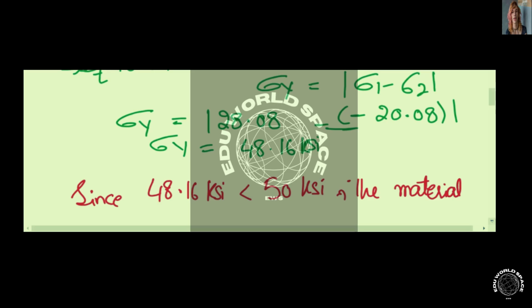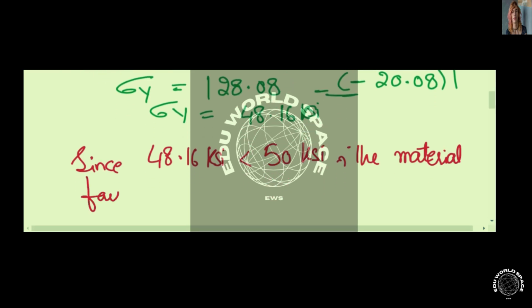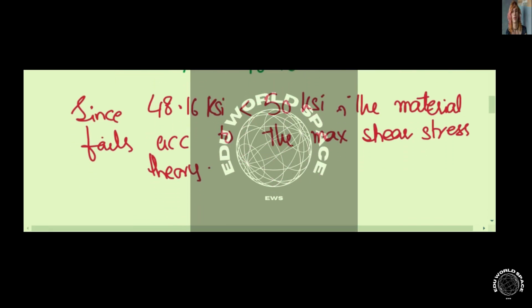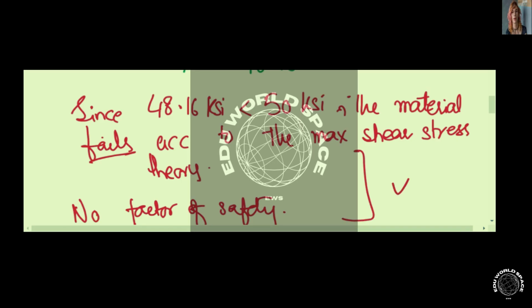The material fails according to the maximum shear stress theory, right? And this concludes our answer. So, as the material is failing, it means that there is no factor of safety, right? So, this whole is your answer.